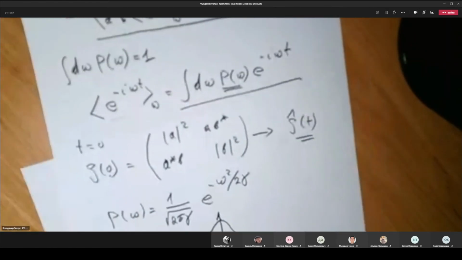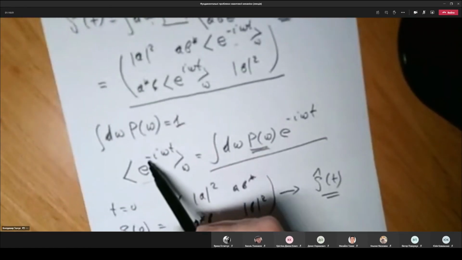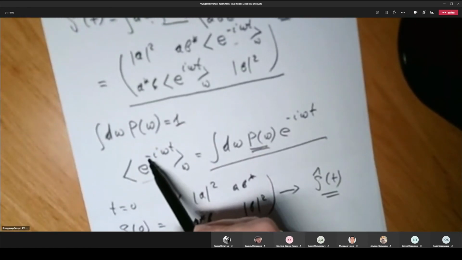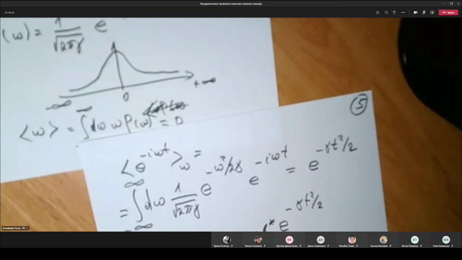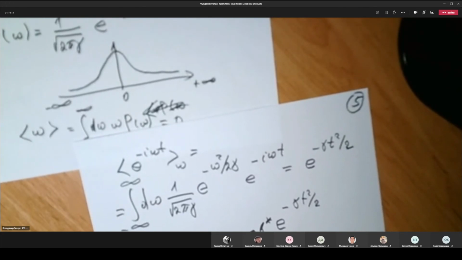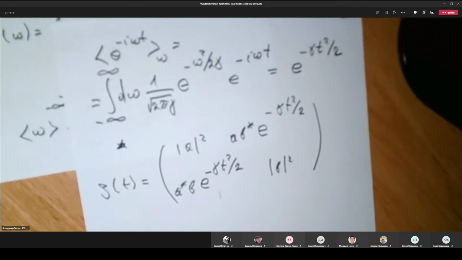Of course, because of the symmetric distribution function, the integral with the exponent with plus will be the same. So here we obtain absolutely the same result, minus gamma t squared divided by 2, b squared. So the density matrix as a function of time looks as follows.